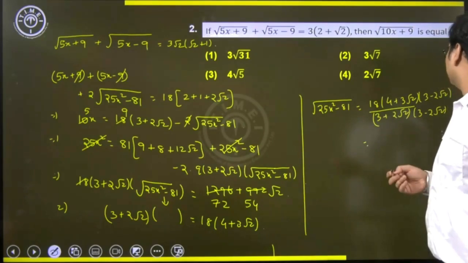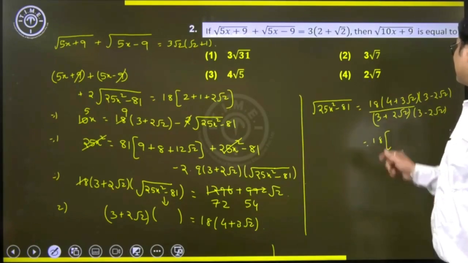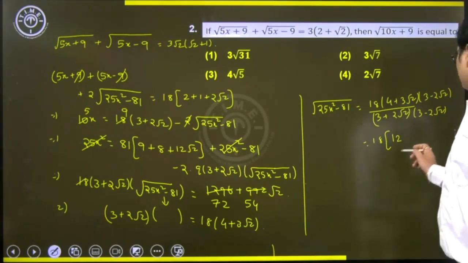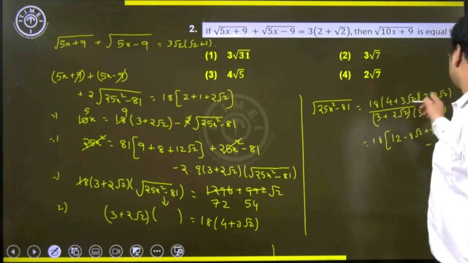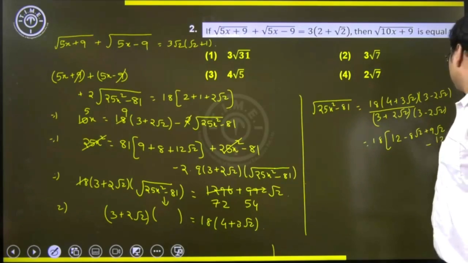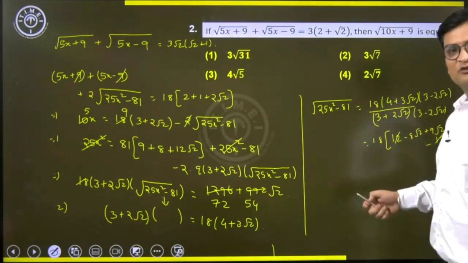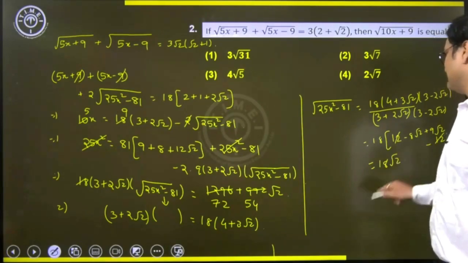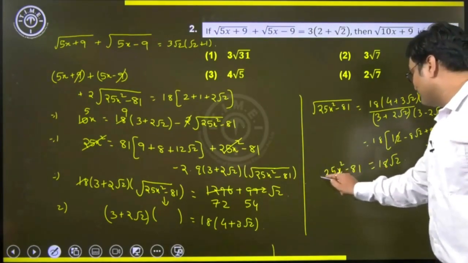So ignore the denominator. Now multiplying these two brackets: 4 into 3 is 12, 4 into 2 minus 8 root 2, 3 into 3 plus 9 root 2, minus 3 into 2, 6 into 2, 12. This 12 and 12 will cancel out. 9 root 2 minus 8 root 2 is 1 root 2, and 18 into 1 root 2 is 18 root 2. So the square root of 25x square minus 81 equals 18 root 2.